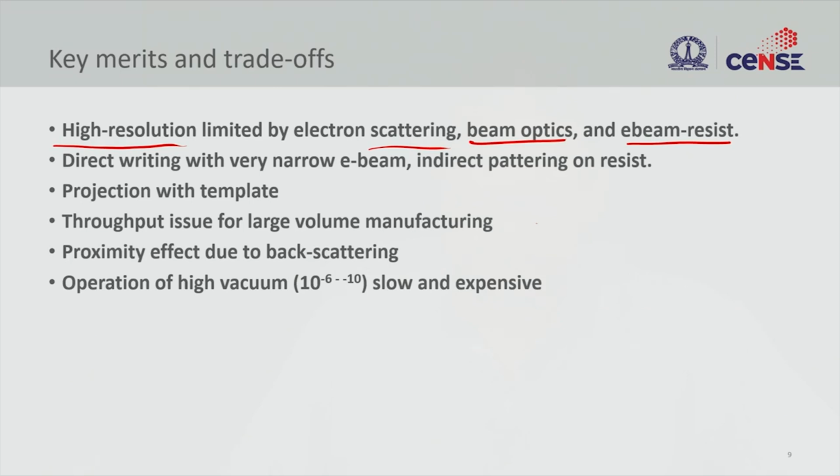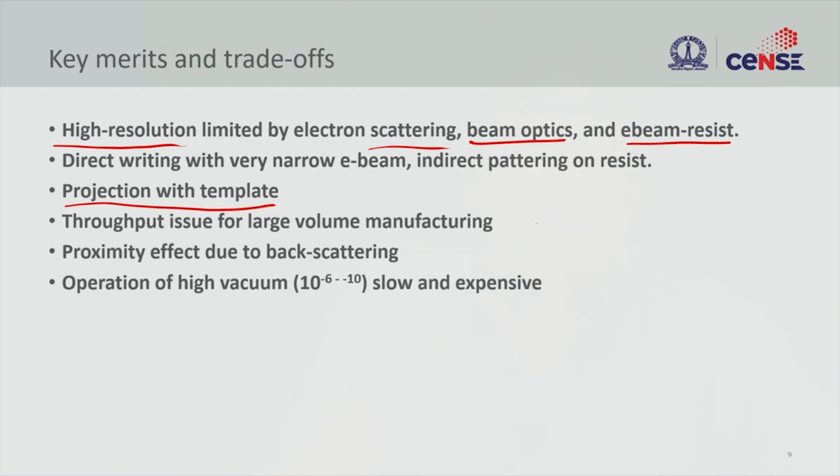So direct writing with a very narrow e-beam can be done, but this is done on resist, right. If the material is electron beam sensitive, you can pattern it directly. If not, we do indirect patterning using resist, and you can also do it with templates.